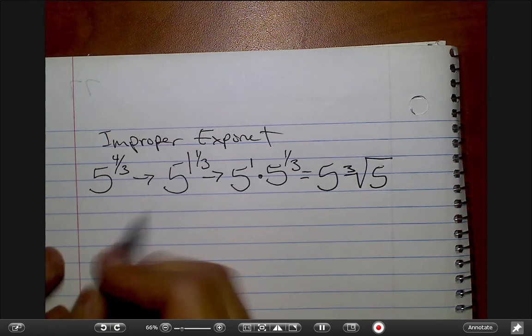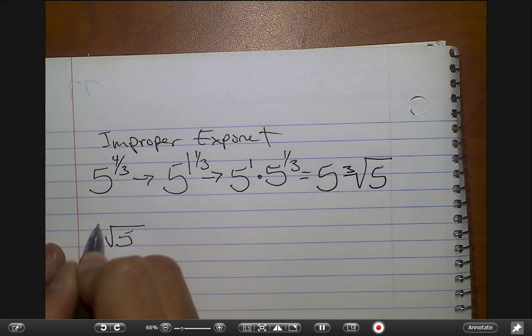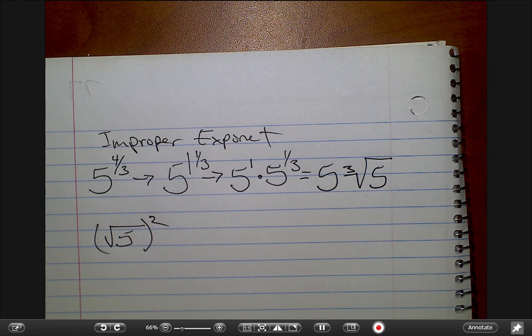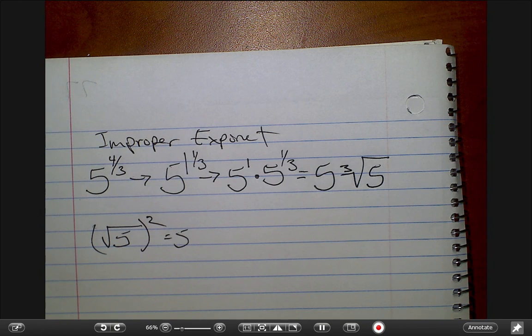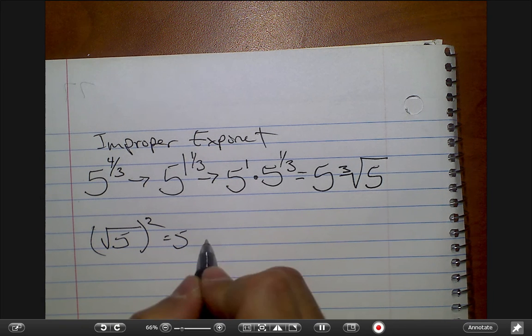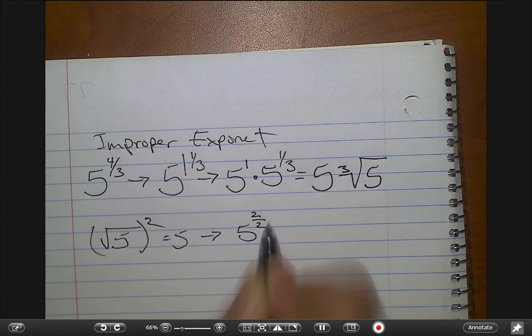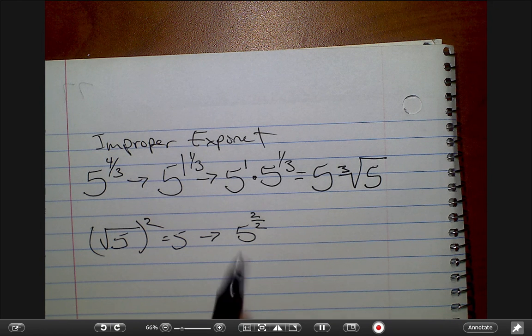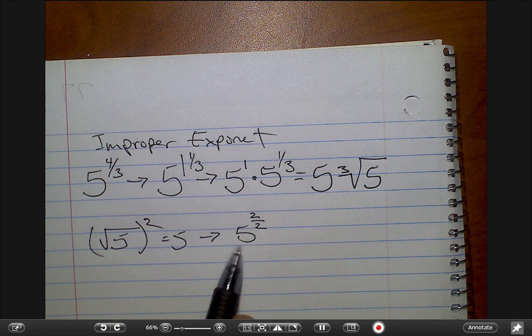If I take the square root of 5, and square that, what do I get? That's just 5, right? Okay, so let's rewrite it using an exponent. That's the same as saying 5 to the 2/2. That is my proper exponent. There's my 5 to the 1st, isn't it?